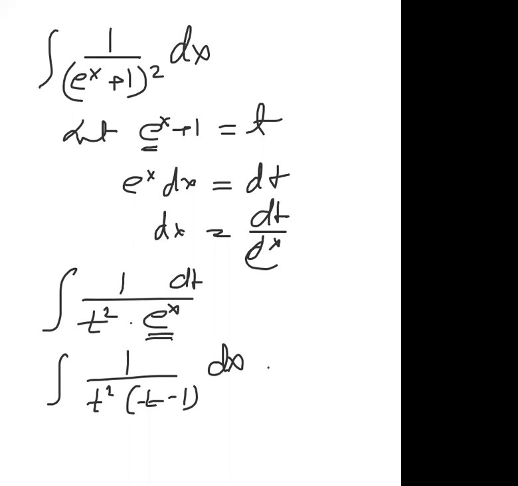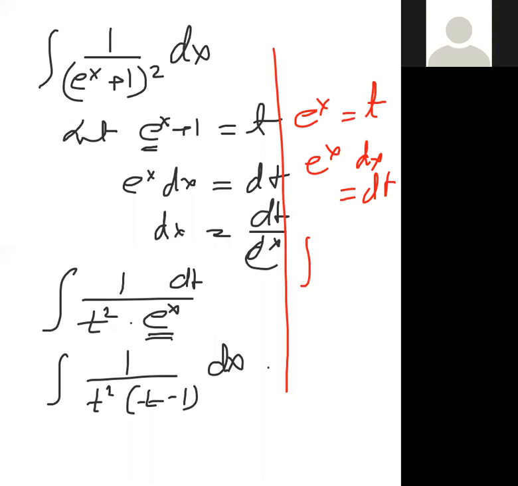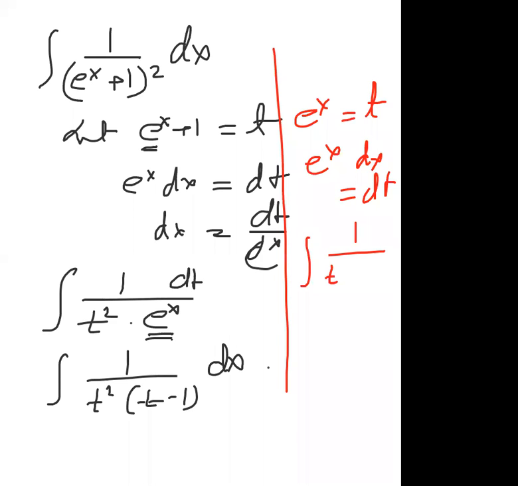This question could be done with one more technique, that is only a small technique. If we suppose e to power x as t, then e to power x dx will be equal to dt. In this case, it will be integral 1 upon t plus 1 to whole square dt upon e to power x, and e to power x is t.